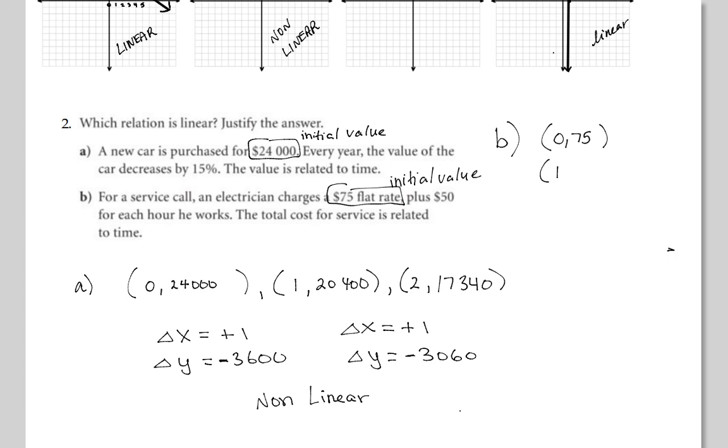What happens when x is 1? Y is, well, you just have to add 50. 125. What happens when x is 2? Y is 175. So is this one linear? Yeah, this one is linear. Delta x is going up by 1, and delta y is going up by 50.